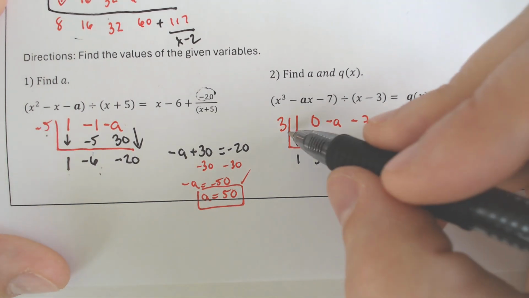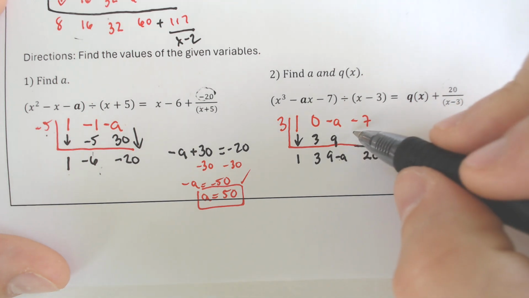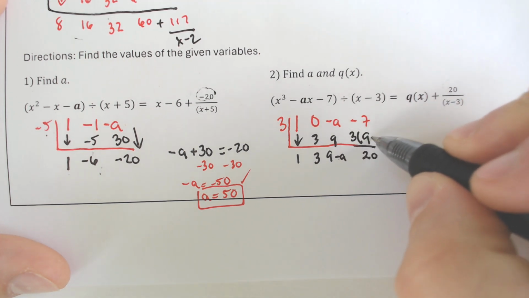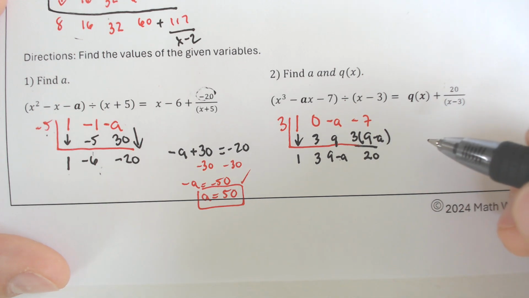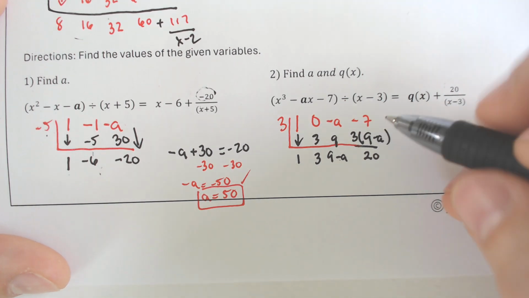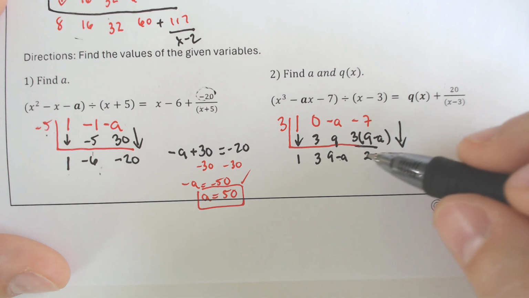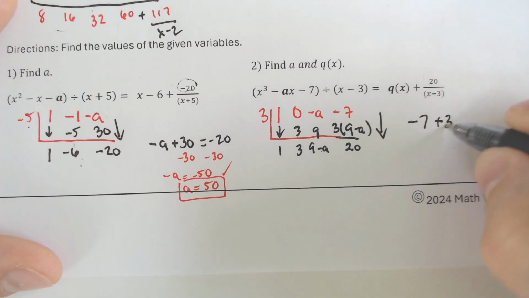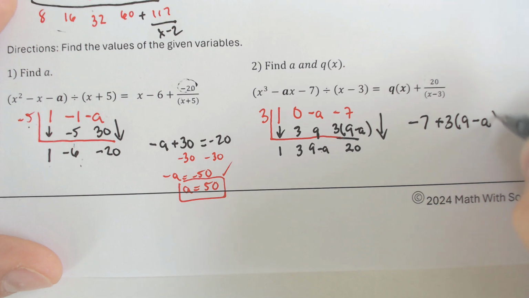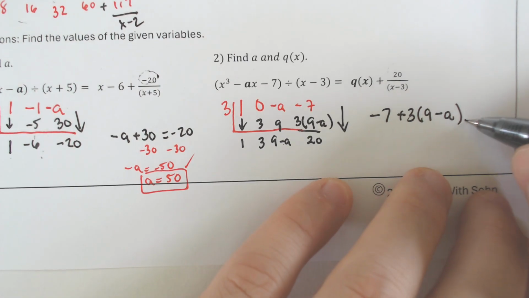Then we have to take this and multiply. Well, if we multiplied, this would be 3 times 9 minus a, which we could distribute. But at this point, I'm going to just write what we would have to do. Remember, we have to add straight down to equal 20. So that means that if we add negative 7 and 3 with the 9 minus a, that has to equal 20.